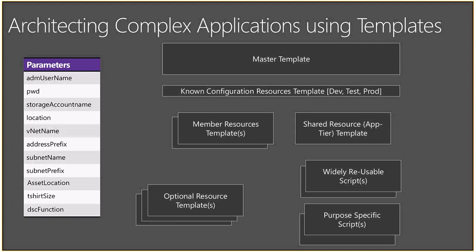So for some of the more complex applications using templates, you might have seen a similar design such as this, where you have a master template that is used to invoke the nested templates depending on the selection you made. And you have different teams within the org that are responsible for different templates, such as the networking team is responsible for any networking artifacts in this area. And the same goes for the compute, application-specific workloads, and so on and so forth.